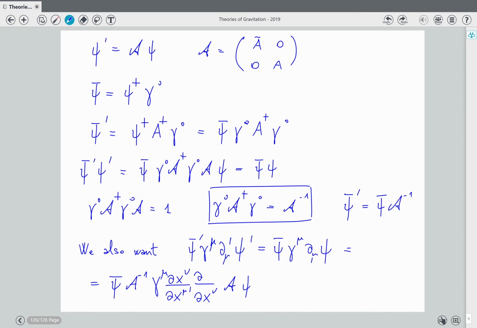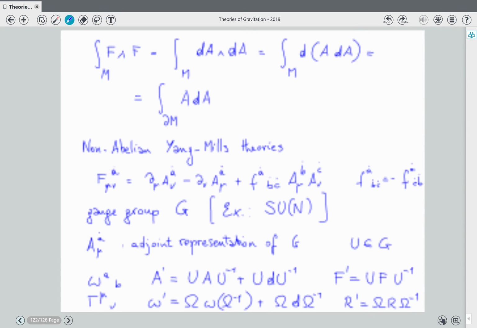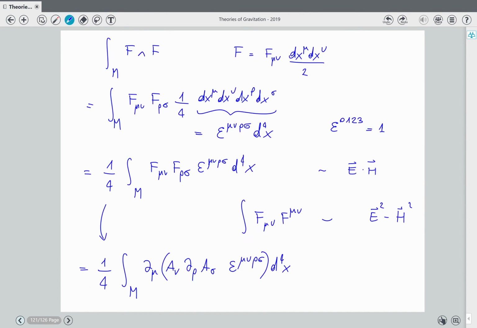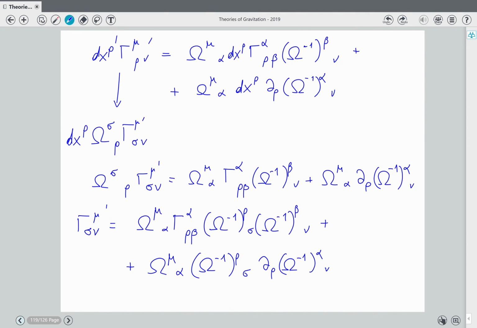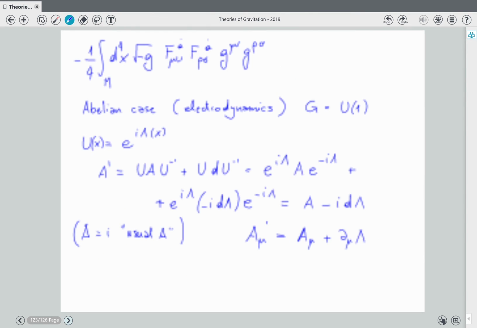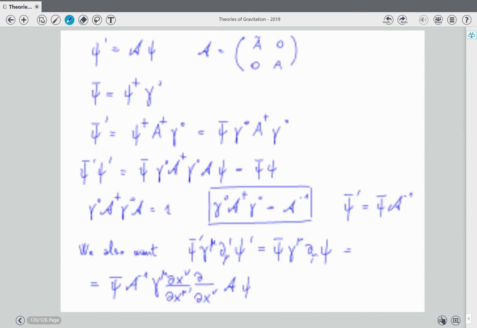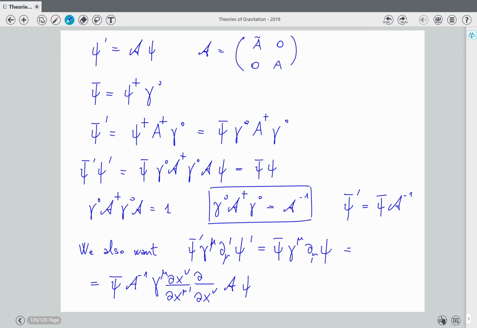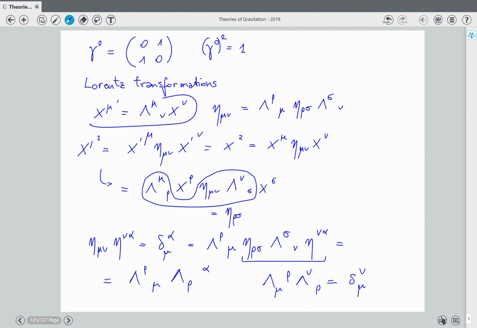This Jacobian is something we met already. We have met it already in general, but we have to work it out in this particular case. So let's do it. How to do it? We know that these are the transformations.